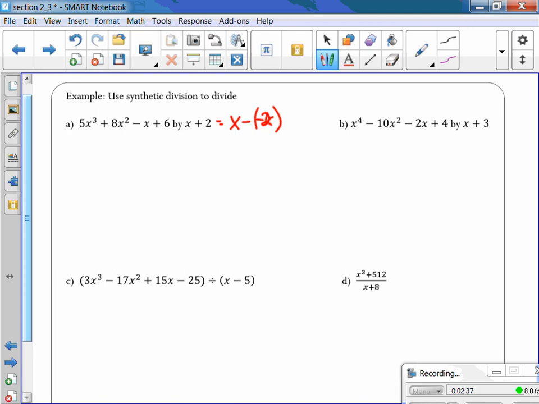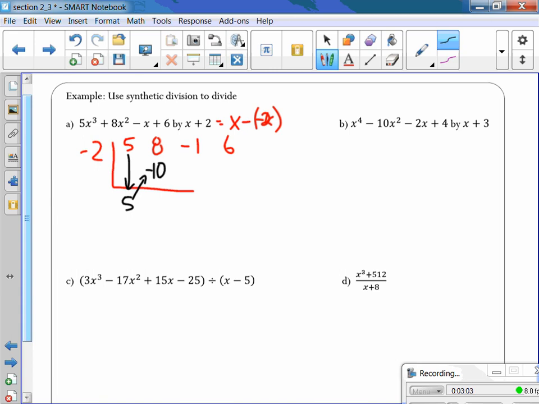So I have my k, and then we go ahead and just write down the coefficients: 5, positive 8, negative 1, positive 6. And now the vertical, again, that very first term, we just drop on down, which is a 5. And over here for the diagonal, 5 times my k. So 5 times that negative 2 would be a negative 10.